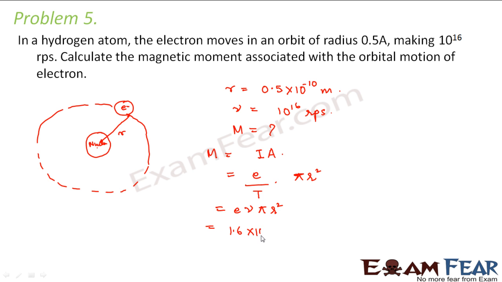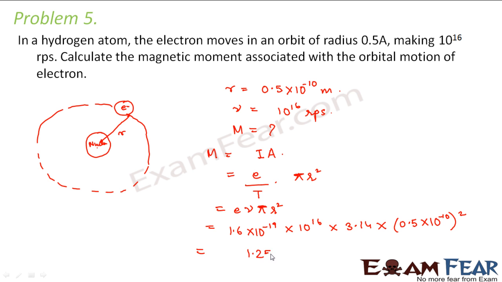E is 1.6 × 10^-19. Frequency nu is 10^16, pi is 3.14, and r is 0.5 × 10^-10, whole squared.